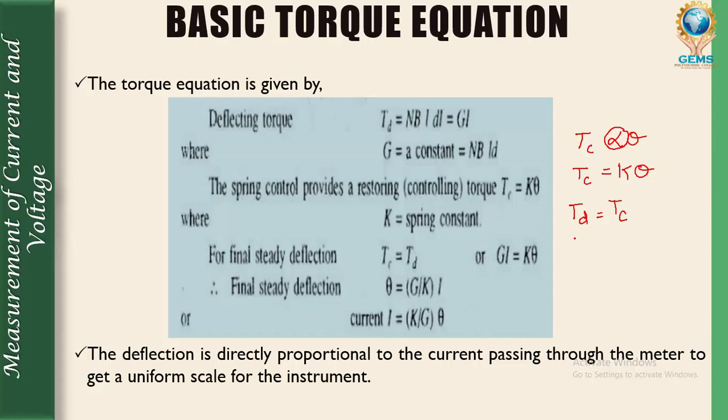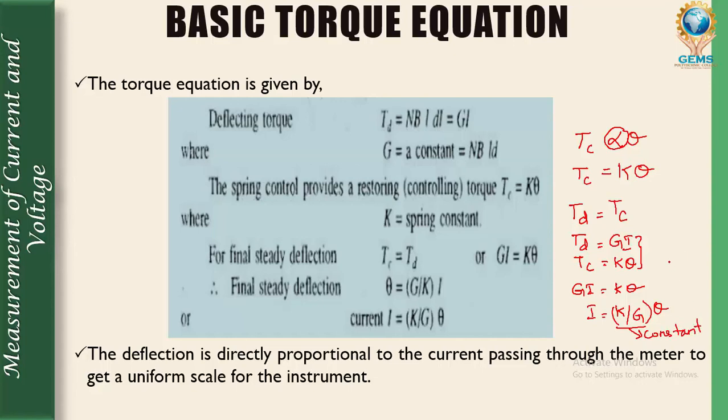By equating TD and TC, we know TD is equal to G into I and TC is equal to K theta. So by equating these two equations, I get GI is equal to K theta. So I would be equal to K by G theta, and this K by G is a constant.